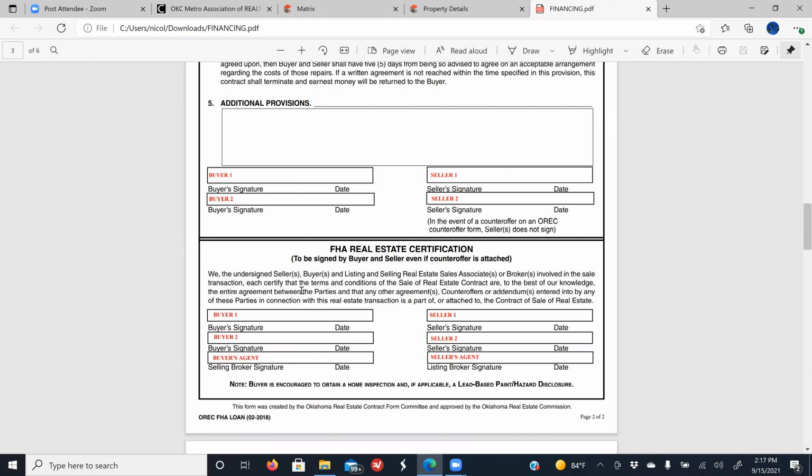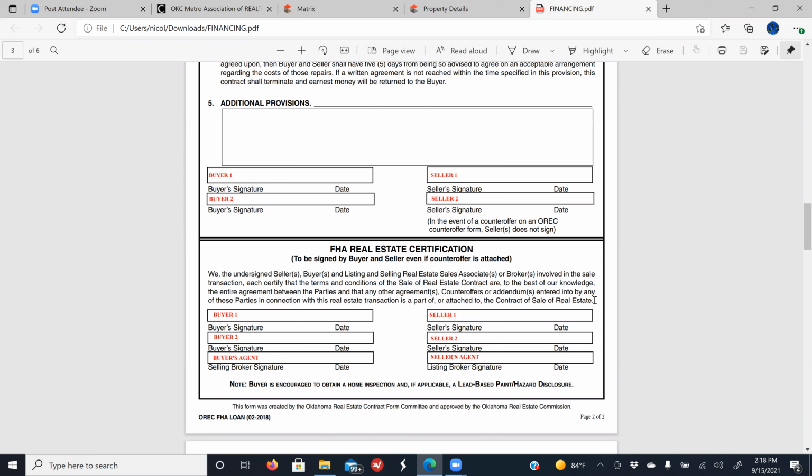And so they're just certifying that it says here, we, the buyer, seller, listing agent, and brokers involved in the transaction certify that the terms and conditions of the sale of contract are, to our knowledge, the entire agreement between all parties, and that any other agreements, counteroffers, and addendums entered by any of those parties in connection with this transaction are attached to this contract.